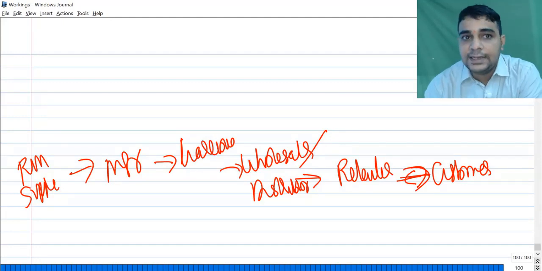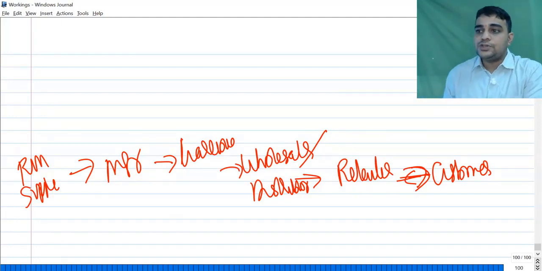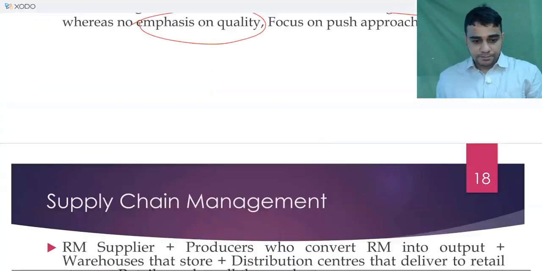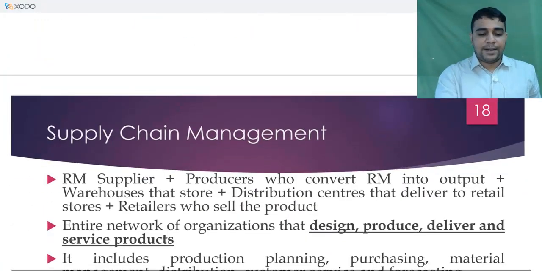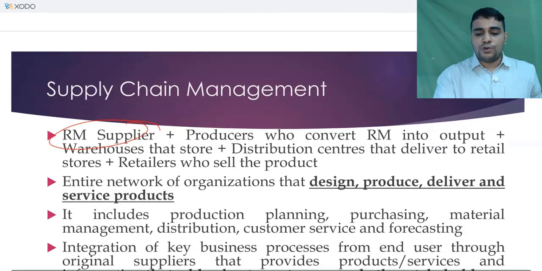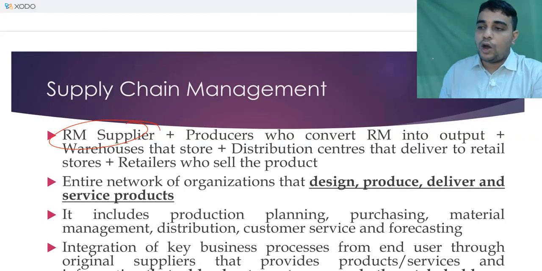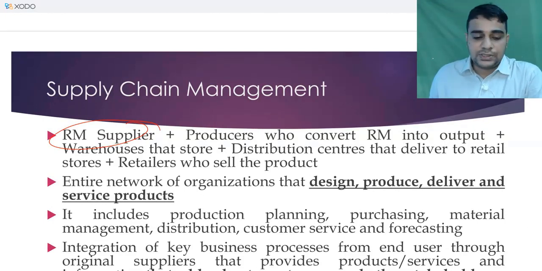Supply chain basically includes all of them: raw material supplier, producer who converts the raw material into output, warehouses that store, distribution centers that deliver to retail stores, and retailers who sell the product.